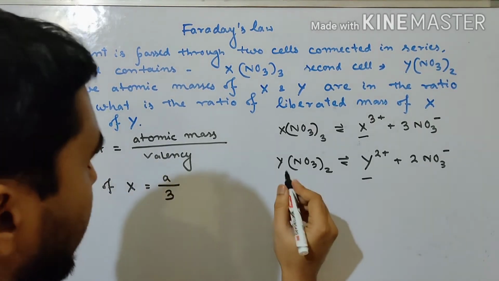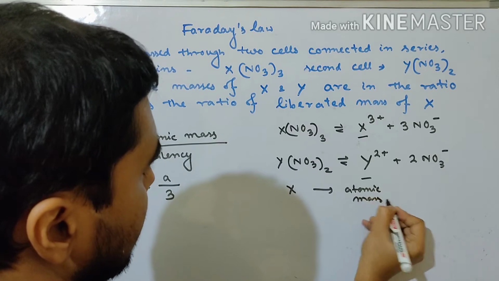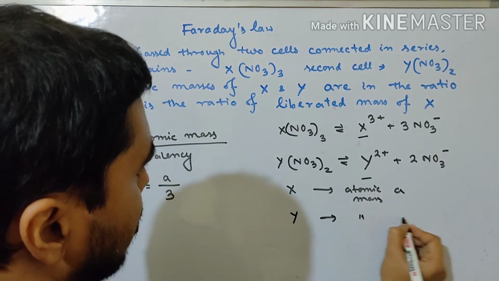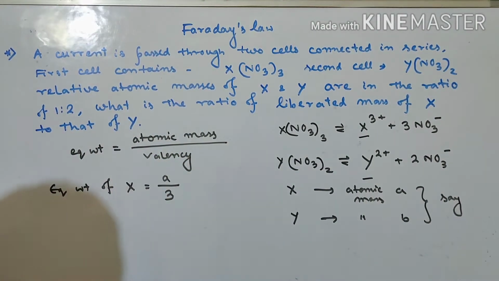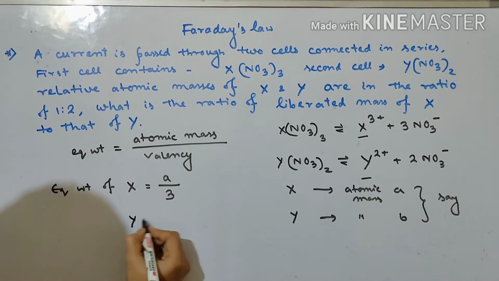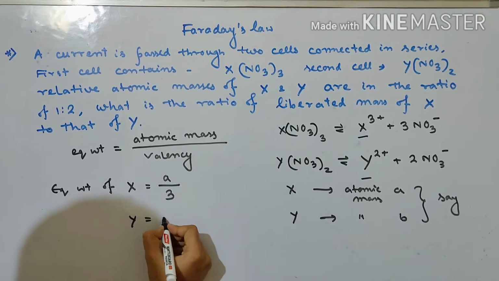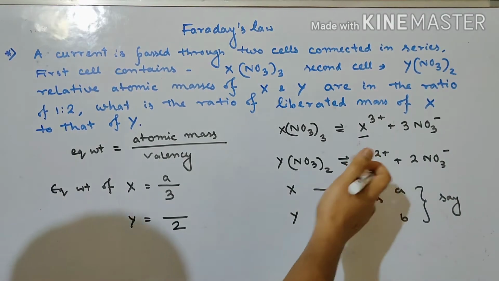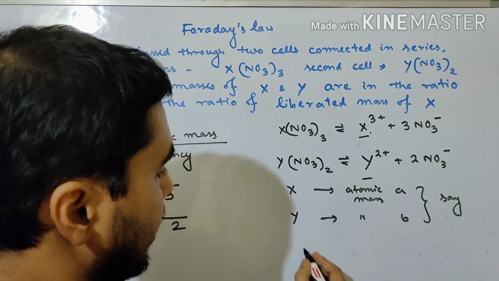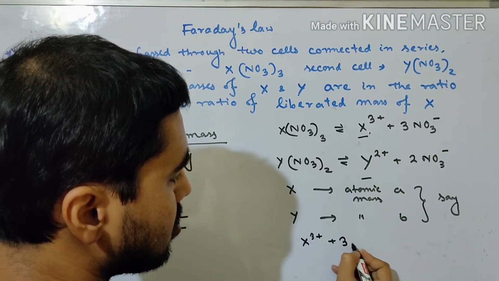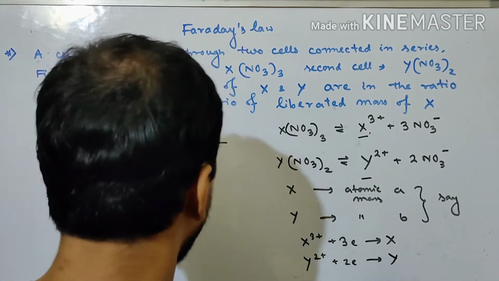Let me tell you, we are choosing that for X the atomic mass is A, and for Y the atomic mass is B. So X has atomic mass A and valency 3, while Y has atomic mass B and valency 2. Why have I written valency as 3 and 2? Because it is clearly indicating that X3+ accepts 3 electrons to give rise to X, and Y2+ accepts 2 electrons to give rise to Y.